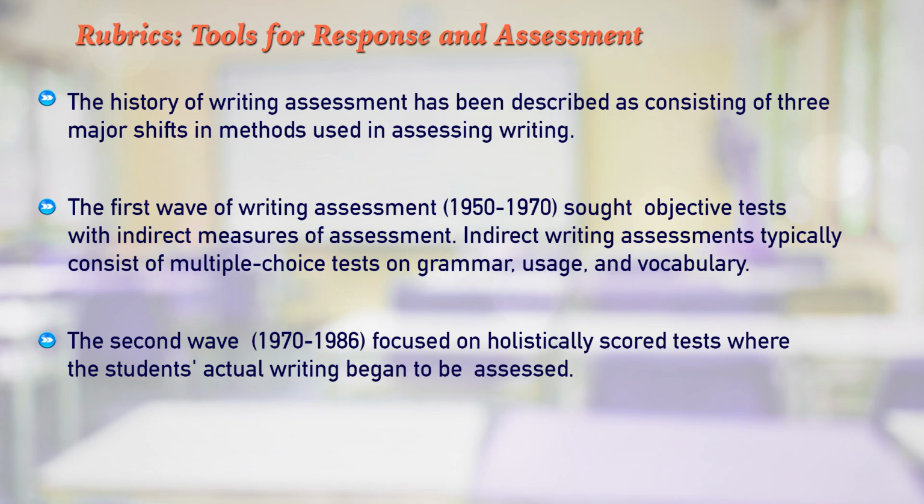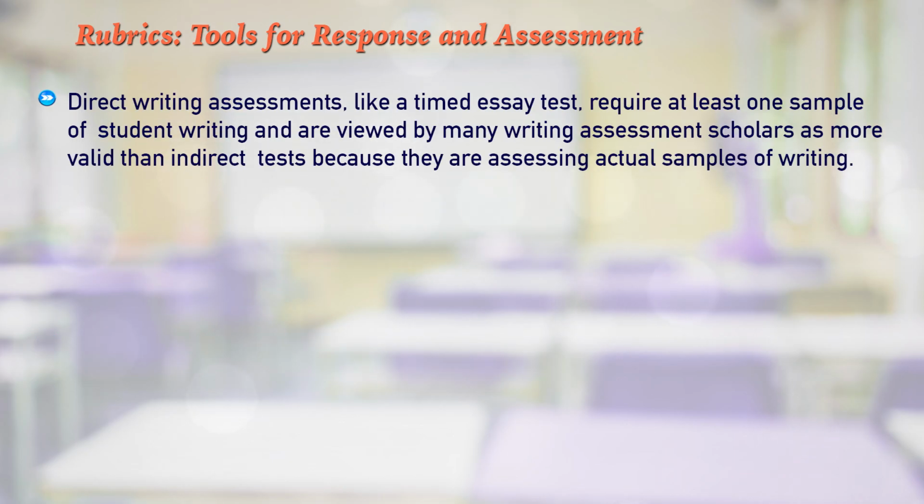The second wave, 1970s to 1986, focused on holistically scored tests where the students' actual writing began to be assessed. Direct writing assessments like a timed essay test require at least one sample of students' writing, and that is viewed by many writing assessment scholars as more valid than the indirect tests because they are assessing actual samples of writing.